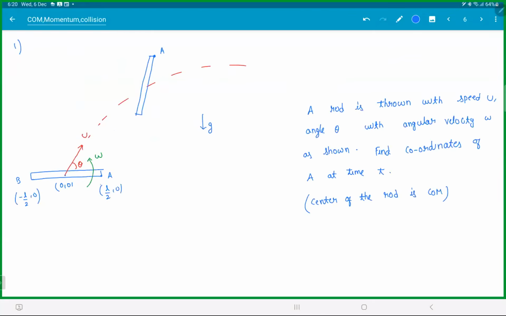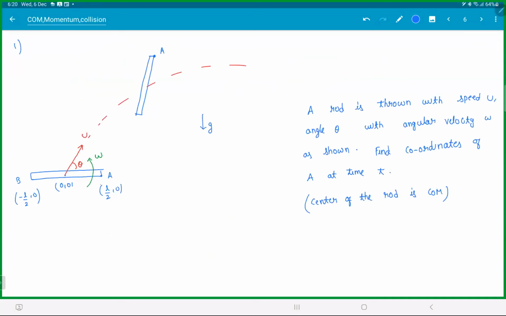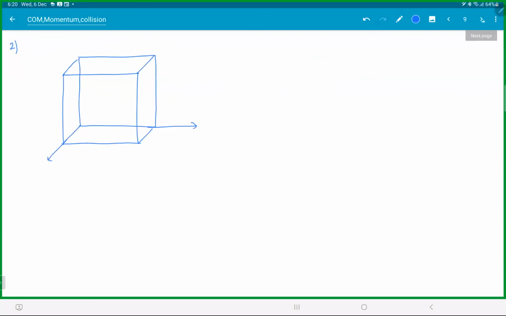How will you do a problem like this by revising? If you want to revise the theory, what is the theory? When you throw a particle, center of mass will go in a parabolic path and the particle in a circle. That's the concept. Do this problem. This is what I'm saying. It is like watching a YouTube channel and thinking you know how to cook. You really want to learn? Start solving problems. More problems. By problems, your theories will get cleared.